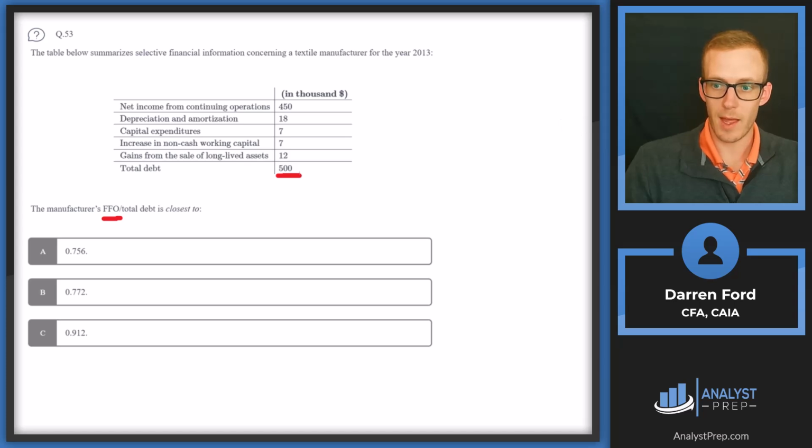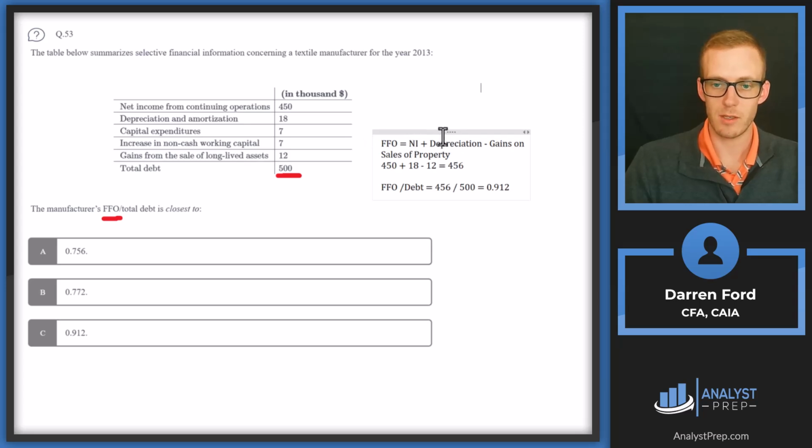So to do that, let's pull in that formula and what that looks like. So that's going to be net income plus depreciation, so the non-cash expenses, minus gains on sales of property. And we're taking out gains on sales of property because that's not technically funds from operations. Those are going to be kind of like one-offs that we're gaining that one period.